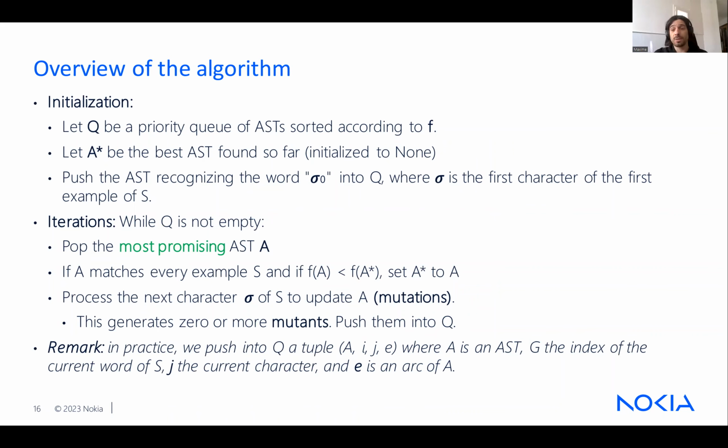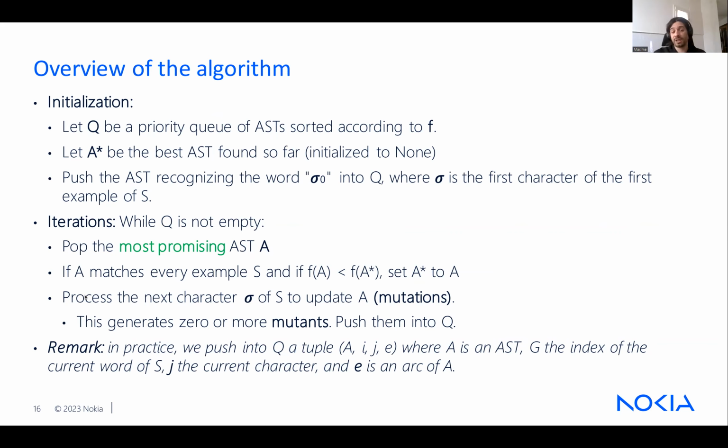The algorithm is a search algorithm, branch and bound-like. We work with a population of abstract syntax trees. We store them in a priority queue according to our objective function. And at each iteration, we will pop the most promising solution, the most promising AST. If it's a final solution, meaning if it matches all the examples, and if it's the best one we saw so far, we save it.